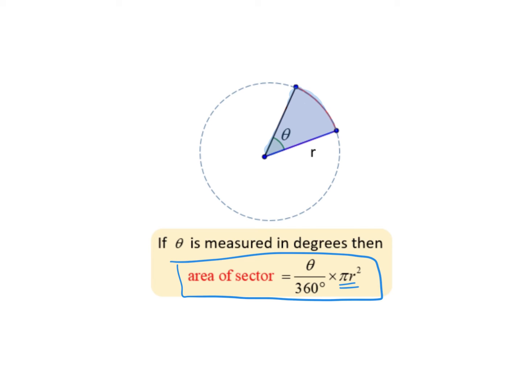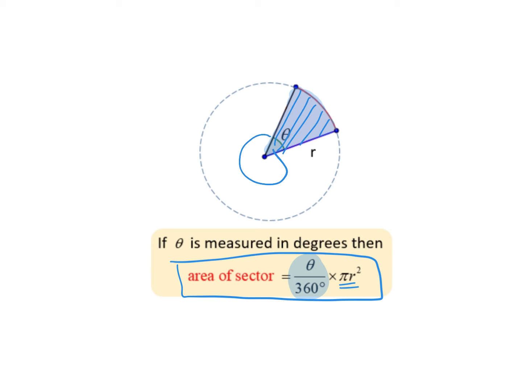And just like in arc length, we're going to multiply the area times this ratio, or this fraction, which is going to represent what portion of the entire circle we have. I'm not looking to find the area of the entire circle. What I'm looking for is just the area of this small piece of the circle.